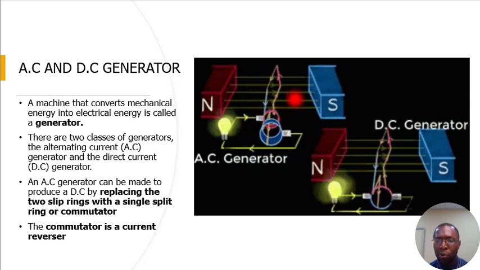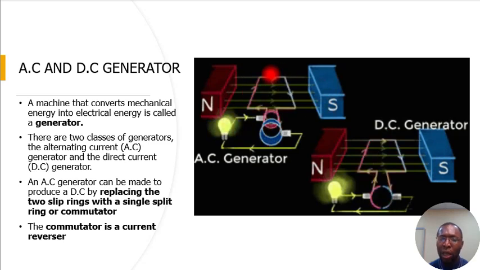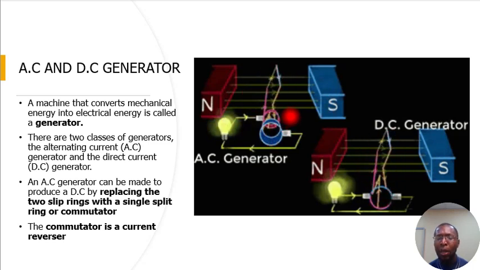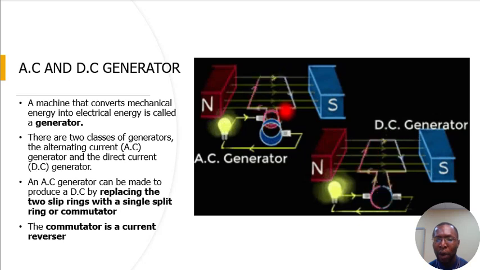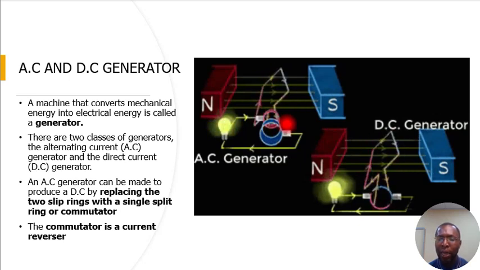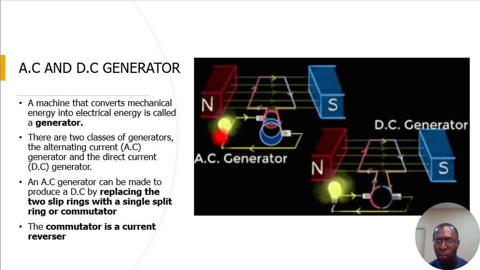This armature is able to move because of the presence of the magnet. When you move the armature mechanically within the magnetic field, there will be induction of electric current into it. And that current that is being induced into it is now what is supplied to this bulb here.